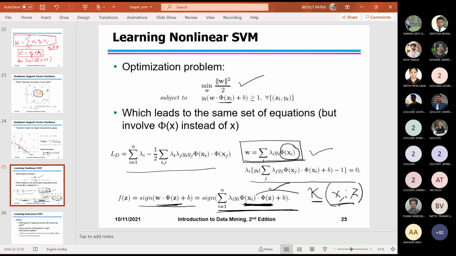For exam purposes, if it is given, obviously it will be said that you use the polynomial kernel or RBF, and the Lagrangian multiplier will also be given, because it is not possible to find the Lagrangian multiplier by hand. This is a computational task. That is for exam purposes, but you need to understand how this works.